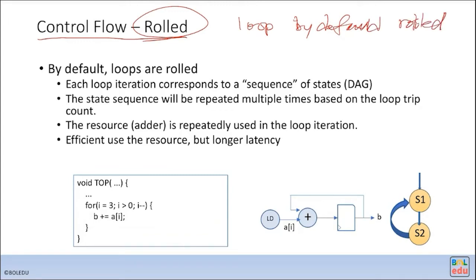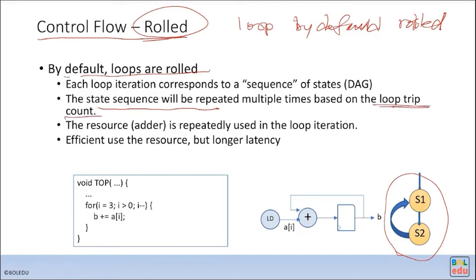Okay, so loop is row. Each loop iteration is a corresponding sequence of states. For example, this loop is a state, and the state just iterates until the trip count.